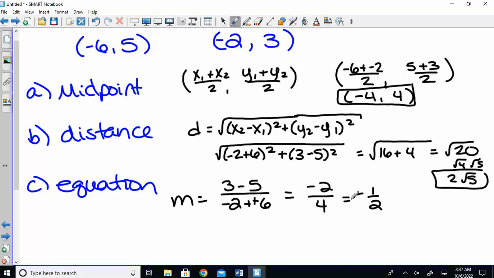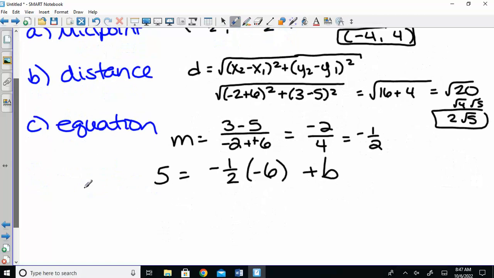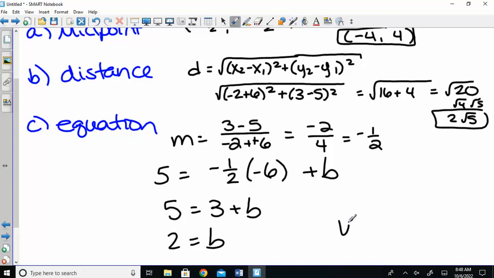So we have our slope. So then we take one of our 2 points, plug it into y equals mx plus b. So our y is 5, m is negative 1/2, x is negative 6, plus b. So your y-intercept is 2.